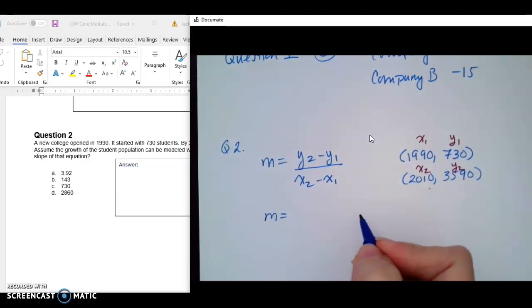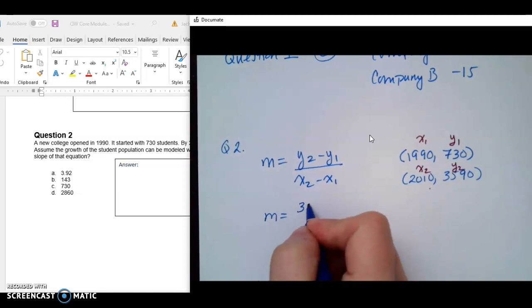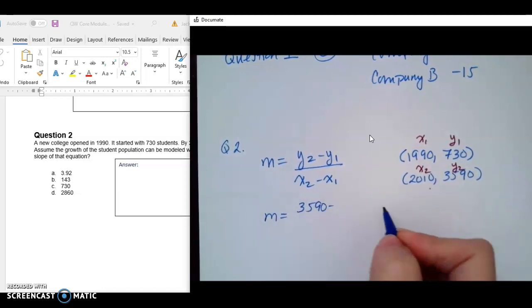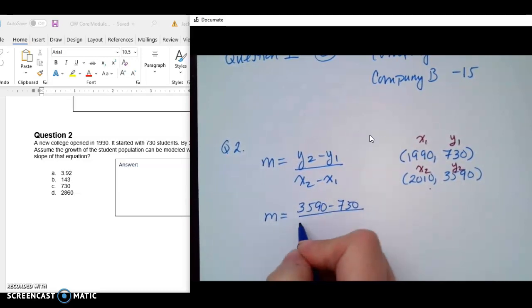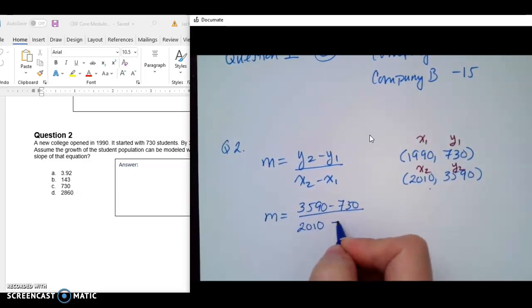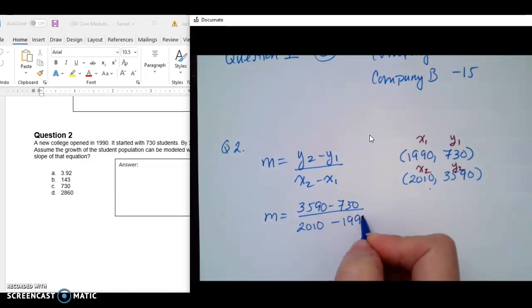So here m equals, my y2 is 3,590 minus y1, 730, divided by x2, 2010, minus x1, 1990. From there, you're just going to go through the operations, subtract the numerator and denominator, and then divide.